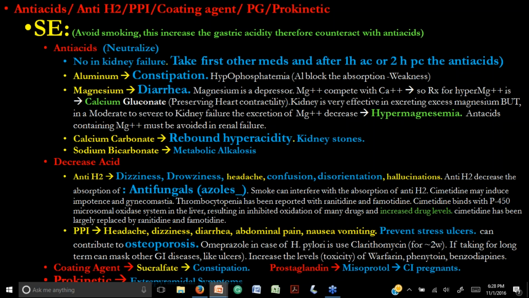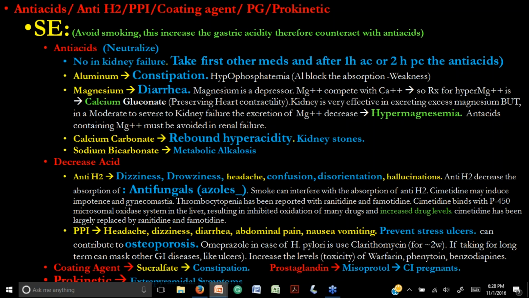For example, ketoconazole, miconazole, etc. So if you take antifungals and you take anti-H2, the antifungals will not absorb properly. Okay. All right.